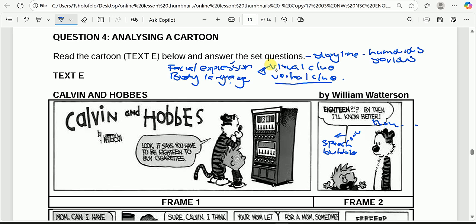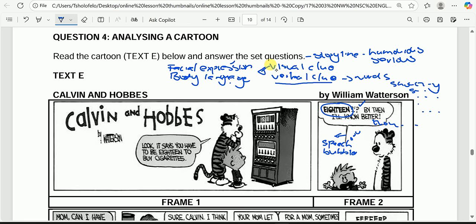A verbal clue refers to the words. Now, in a cartoon, if words are bolded like this with capital letters, it means that in relation to the context, the character may be shouting, stressing, or emphasizing those words, or saying those words loudly, also with the use of exclamation marks. You also pay attention to punctuation in the form of question marks or exclamation marks, as well as ellipses.